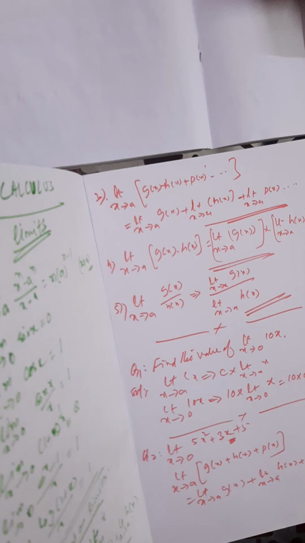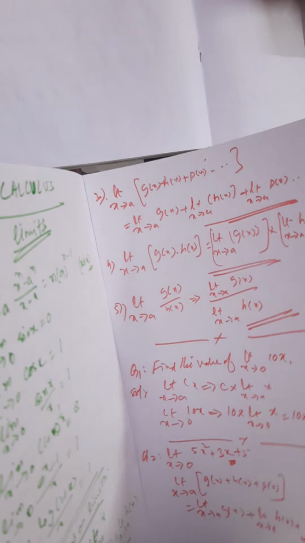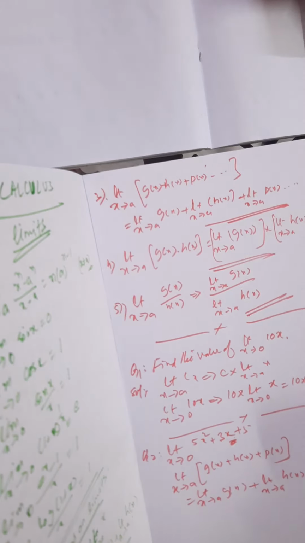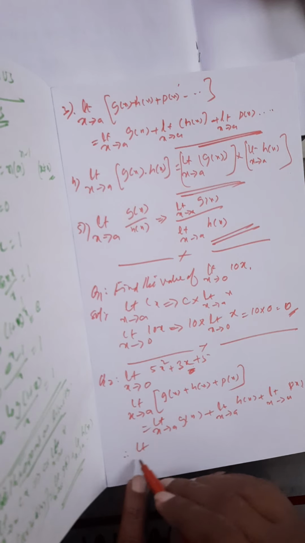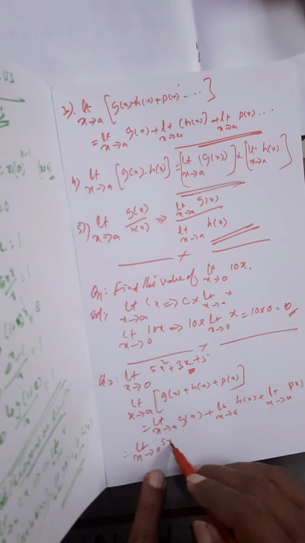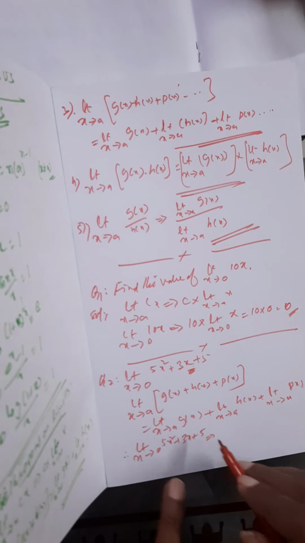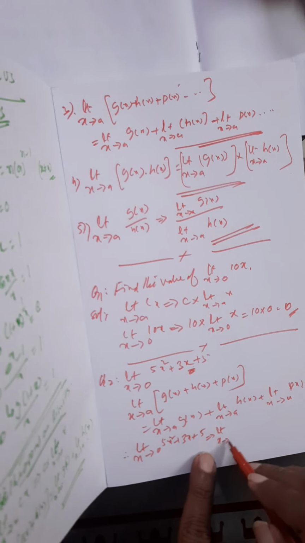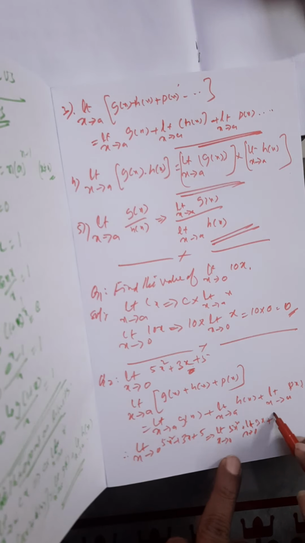Okay. So now you have to apply the limit. Therefore this main function is limit x tends to 0, 5x square plus 3x plus 5. There are 3 functions, 1, 2, 3, with plus, so we can apply the limit x tends to 0 of 5x square, plus limit x tends to 0 of 3x, plus limit x tends to 0 of the constant itself.